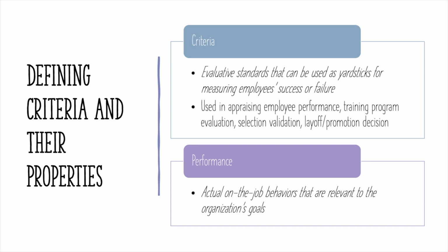So it's used often in appraising employee performance, which is next week. Next day, I don't know, whenever you're watching this, it's the next one. Training program evaluation, selection, validation, layoff, promotion decisions, etc. And performance is typically defined as the actual behaviors that are relevant to the organization's goals.